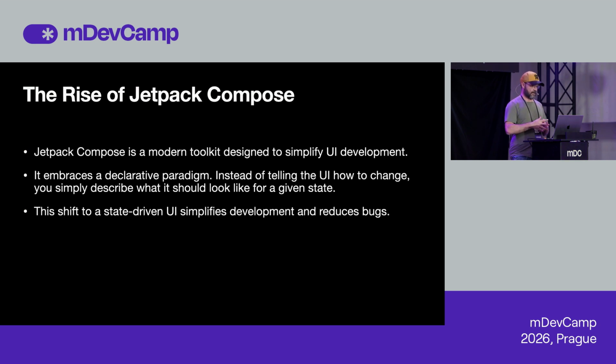Now, Jetpack Compose is a toolkit that has been designed to simplify UI development. We're not programmatically changing the state, but we declaratively implement how the UI is going to look for a given state.